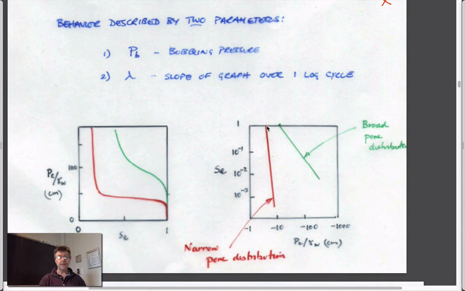If you think about a curve where all the pore spaces are the same size, you get entry at bubbling pressure, immediately it floods the whole system at a very small change in pressure. If you have a system where the initial pore throat is larger, so you're higher up on this axis, it's along here, and as soon as you invade it, then all of a sudden you have to really jack the pressure up to get a big change in the saturation.